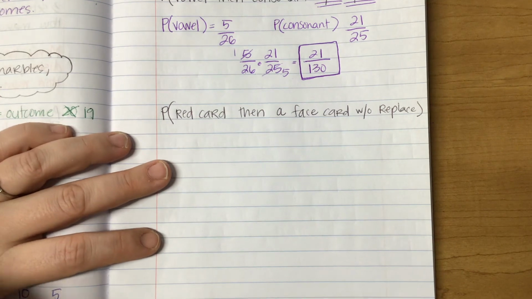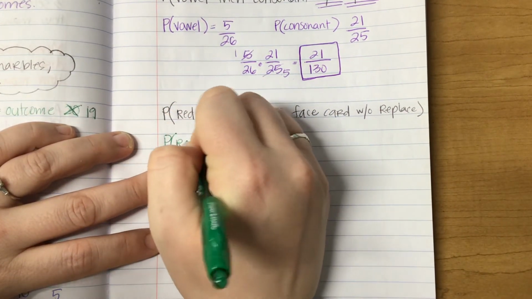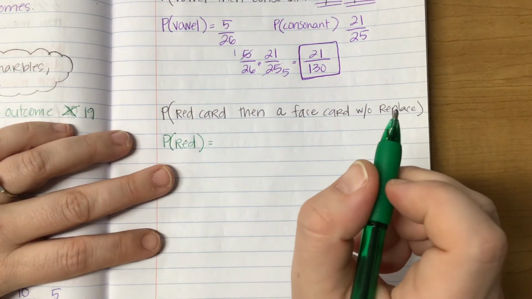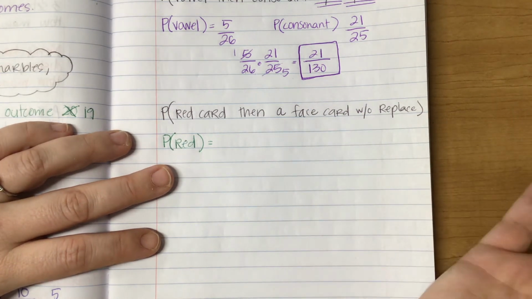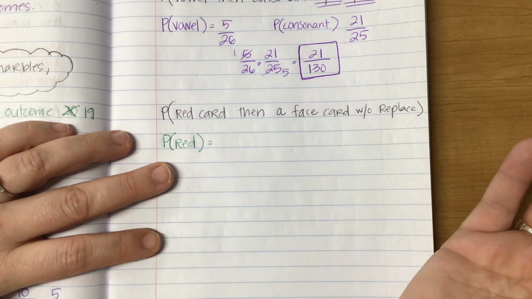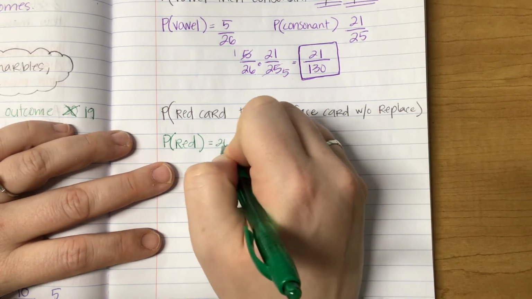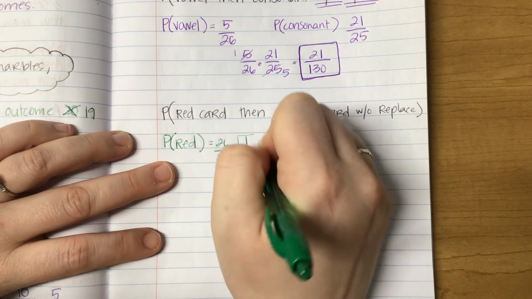I'm going to find the probability of a red card. So the probability of a red, well, in a deck of cards, I know that there are 52 cards and half of them are red. I don't even have to do 52 cards divided by 2. I don't have to do 26 over 52. I can just know that half of the cards are red.